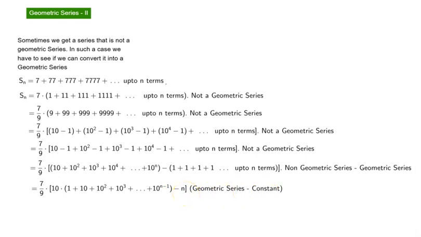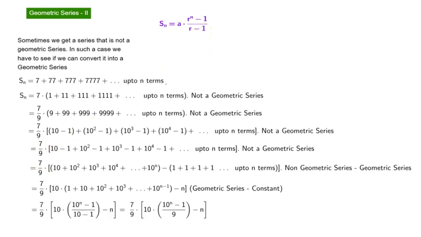Remember, we know the formula. S sub n is equal to a times r to the power of n minus 1 by r minus 1. So let's apply that.